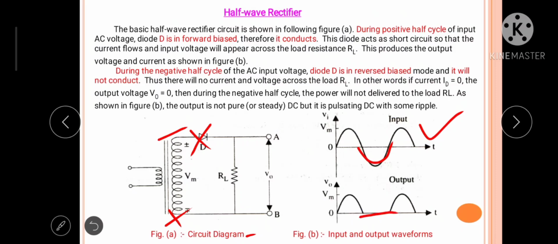Again, in the next positive half cycle, the diode is forward biased, it will conduct and give output. So during each positive half cycle we get some output voltage, and during each negative half cycle we do not get any output, that means output is 0.